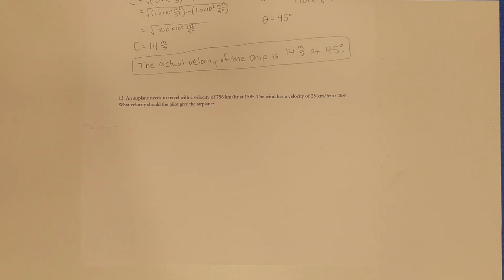Question 13. An airplane needs to travel with a velocity of 756 kilometers per hour at 158 degrees. The wind has a velocity of 25 kilometers per hour at 268 degrees. What velocity should the pilot give the airplane? Okay, so this question is worded a little bit differently than what we've had previously.